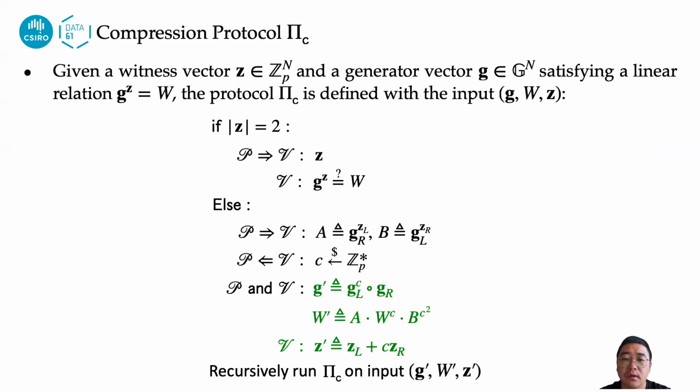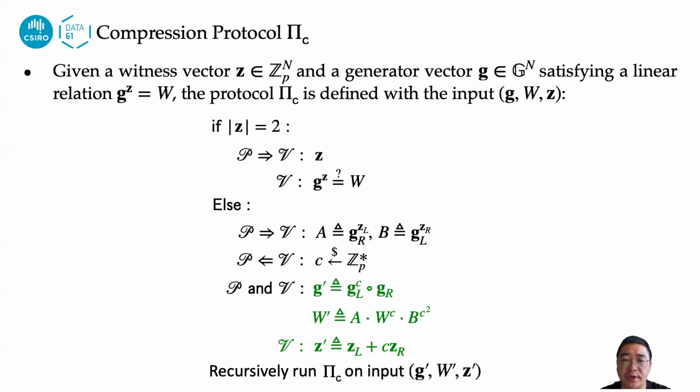Note that to compute the generator vector G prime, the prover raises the left subgenerator vector to the challenge C. In this case, when computing W prime, there's an exponent C on the value W.